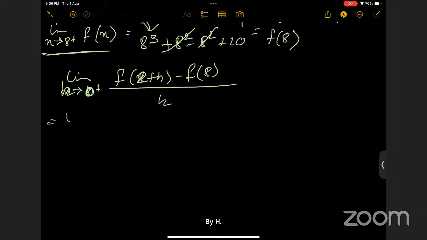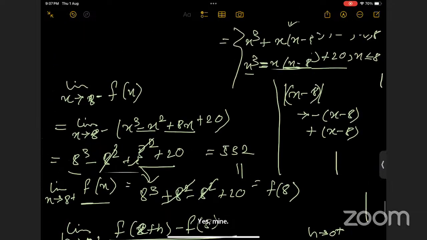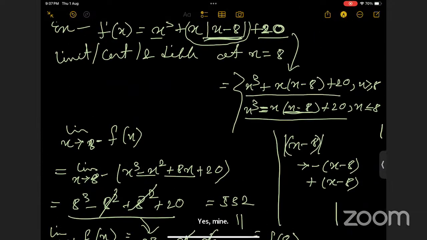So what will be the next step? Now h tending to 0 plus means 8 plus h will tend to 8 plus, right? That means we will take this function, the first one.